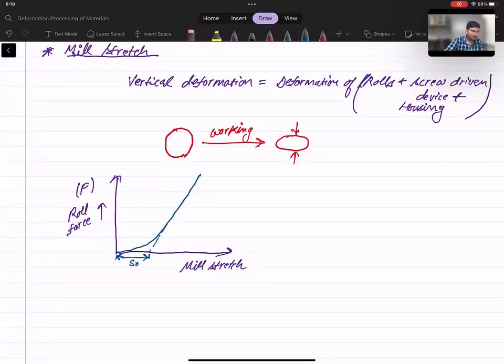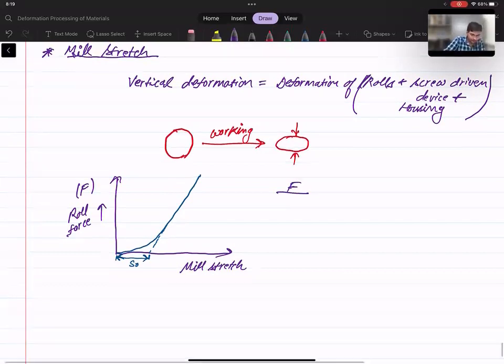So there is a relation also to correlate this with the mill modulus. Suppose F is the rolling force and this vertical deformation is measured in mm, so this will be force per millimeter, and suppose this initial deformation is S naught, then this summation will be equal to the mill modulus.